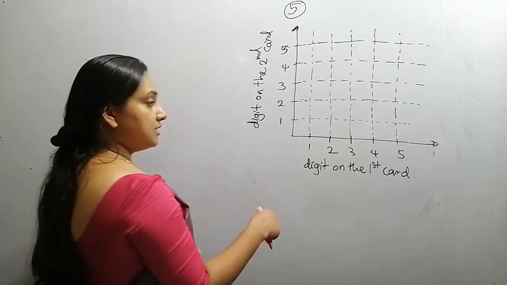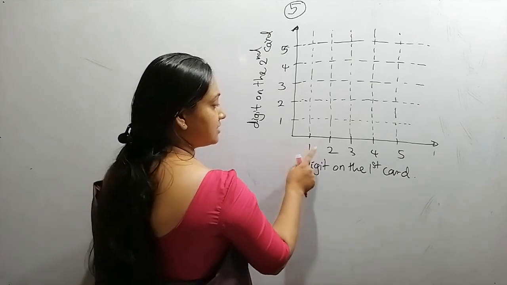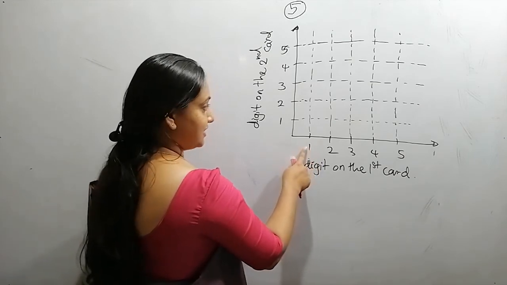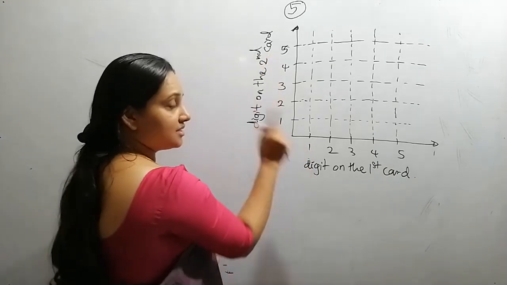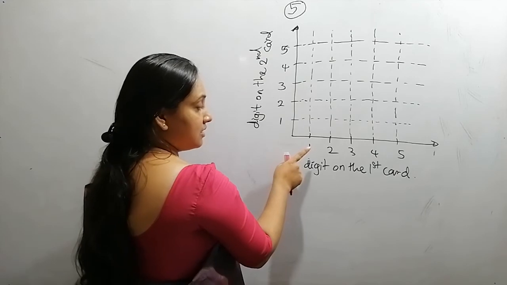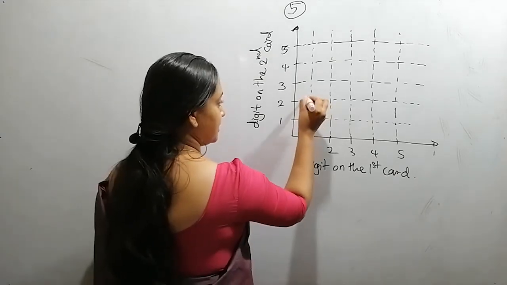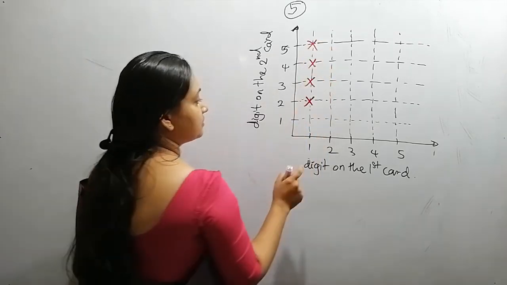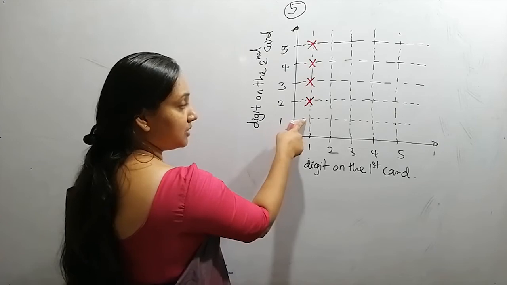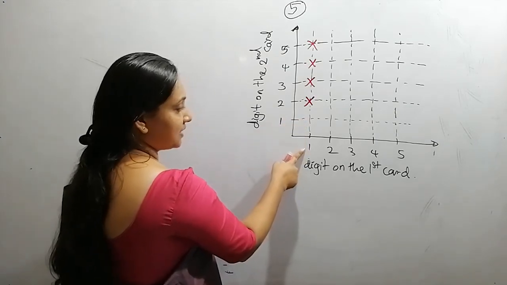Then, if the first card is numbered 1, now this is not in the card collection. Now only 2, 3, 4, 5 are remaining. If we get 1 as the first card, the second card may be 2, 3, 4 or 5. But the second card cannot be 1 because the first card is 1.